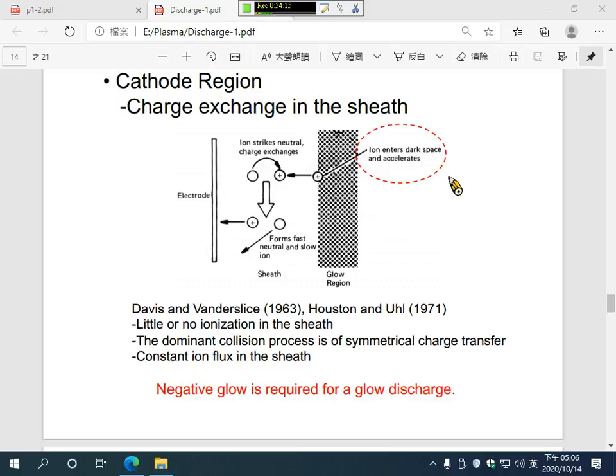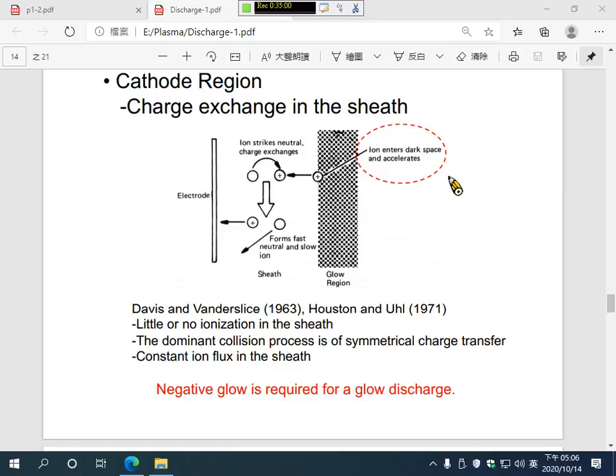So there are plenty of ions and electrons in the negative glow. When the cations travel across the edge of the negative glow, they can collide with gas atoms, and then their charge can exchange. So the most important part is cations from the negative glow. Later on, the cations bombard the surface of the cathode.